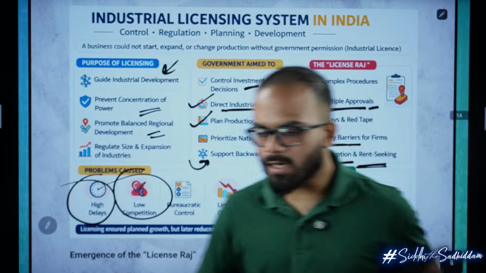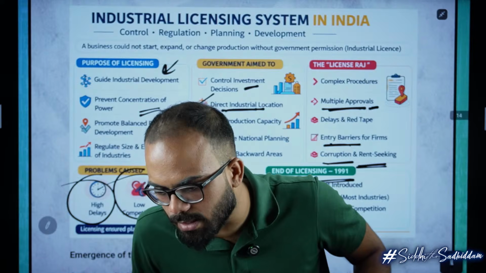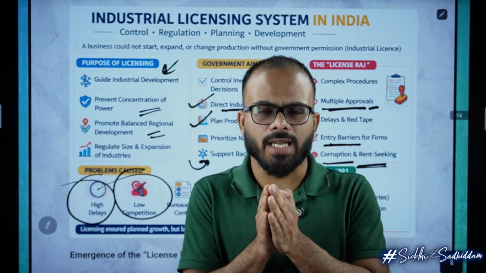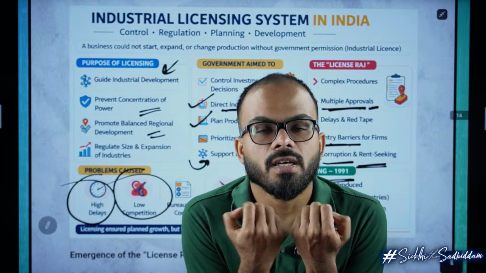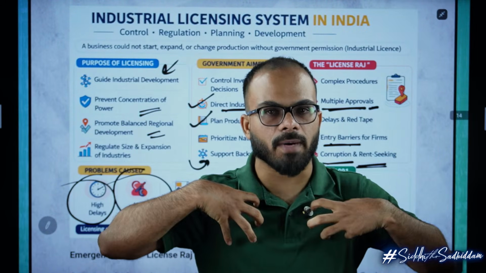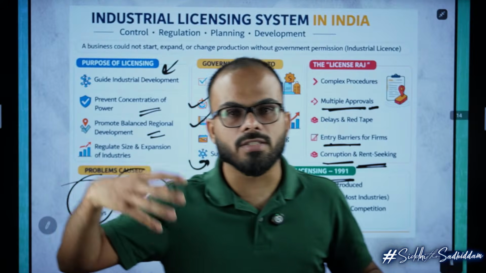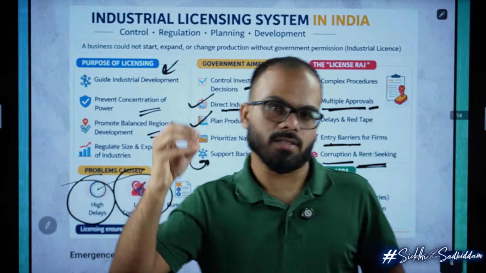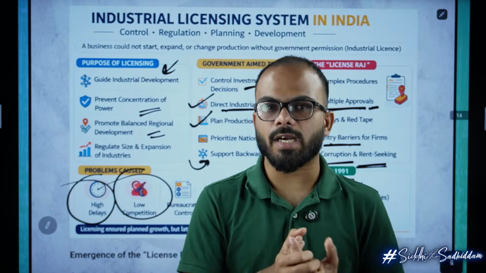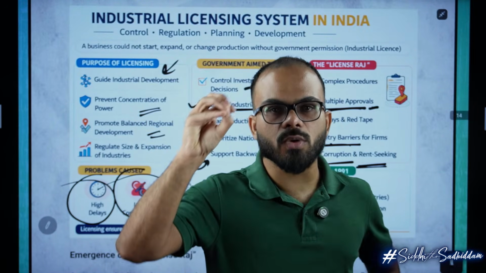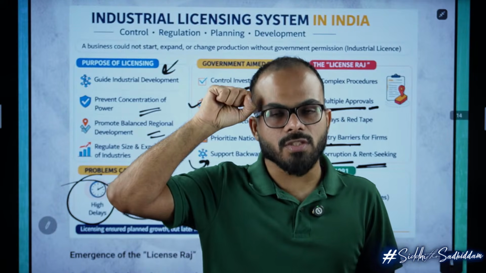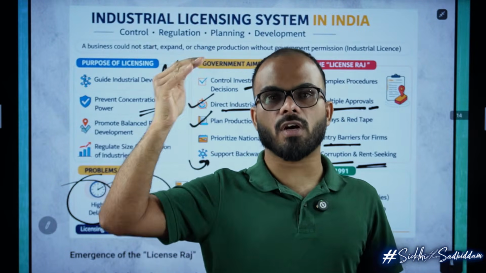And now to those who say that in the initial periods of independence this was good, please understand, in any kind of scenario, if the state starts acquiring a larger amount of power, that will always cause harm to society, because the intention of the state might be good, the ideology might be good, but the people who are at the helm of affairs, the people who sit to implement it, could be ethical, could be not ethical.